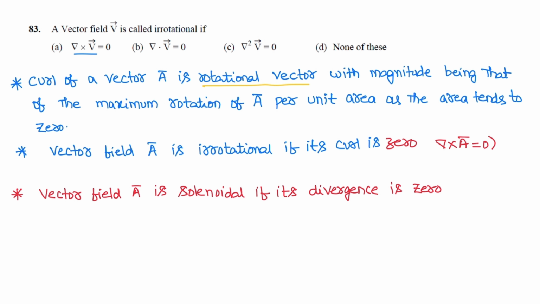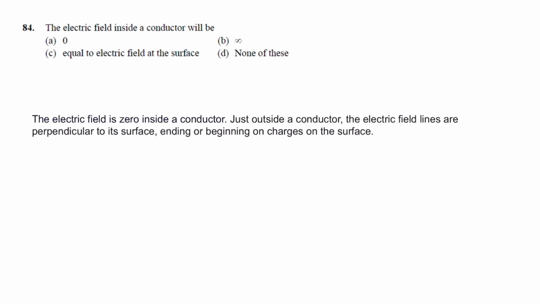Similarly, vector field A bar is solenoidal if its divergence is 0. For a vector field, it is irrotational if curl is 0 and solenoidal if its divergence is 0. Correct option is A. Next question: the electric field inside the conductor will be.